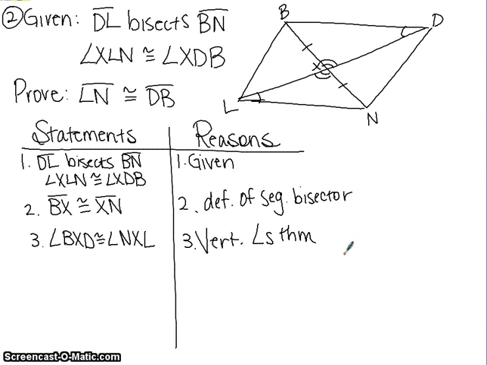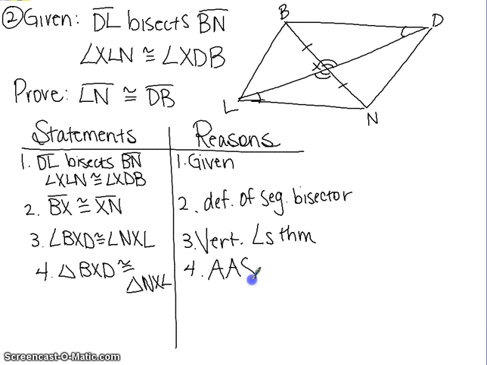Wow. Looks like we have two congruent triangles, one right here and one right here. AAS, AAS. It's amazing. So triangle BXD is congruent to triangle NXL by AAS.